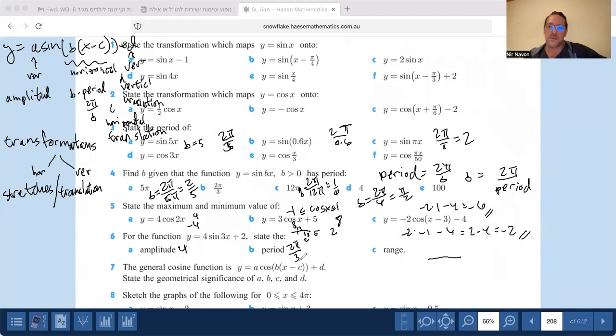So the principal axis is y equals 2. Now I know the amplitude is 4, so that would be y equals 6, or -4, which is y equals -2. So our range is y between -2 and 6.